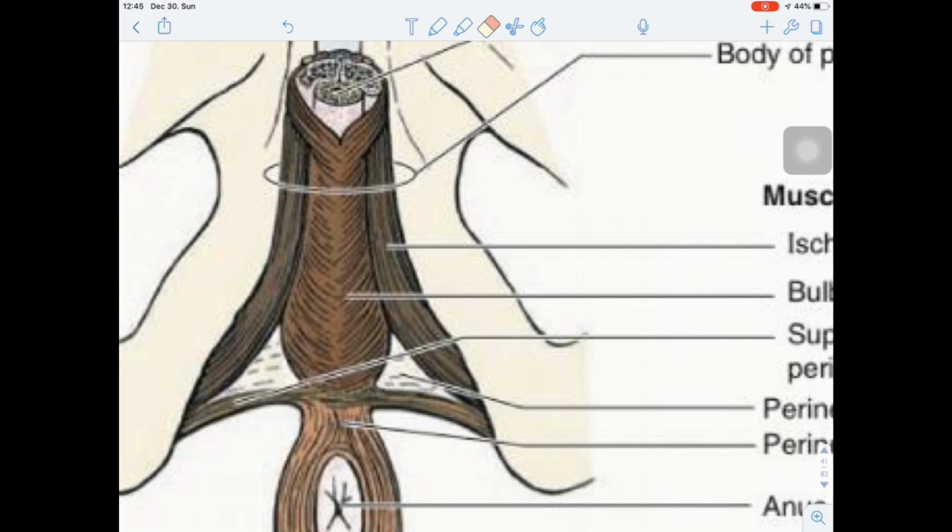Will parasympathetic cause contraction? Parasympathetic will cause dilation, but also contraction of the urethra.